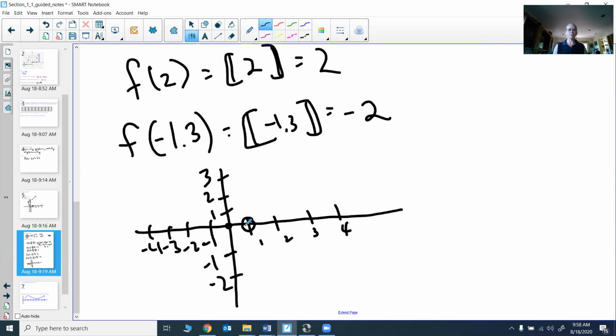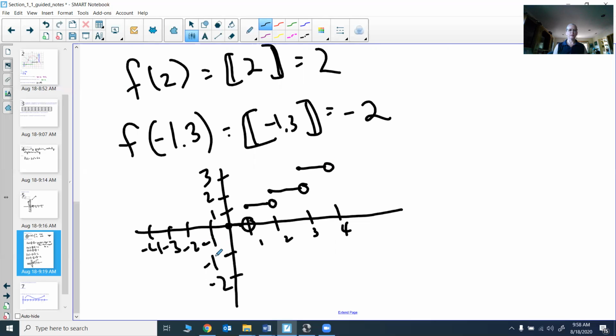If I give you any value between 0 and 1, I'm going to give you 0. But at 1, I'm jumping up to 1, so that's why I put an open dot here. Between 1 and 2, I'm always going to give you back the value 1. But then at 2, I jump up to 2. And between 2 and 3, I'm always going to give you back the value 2, and so forth.